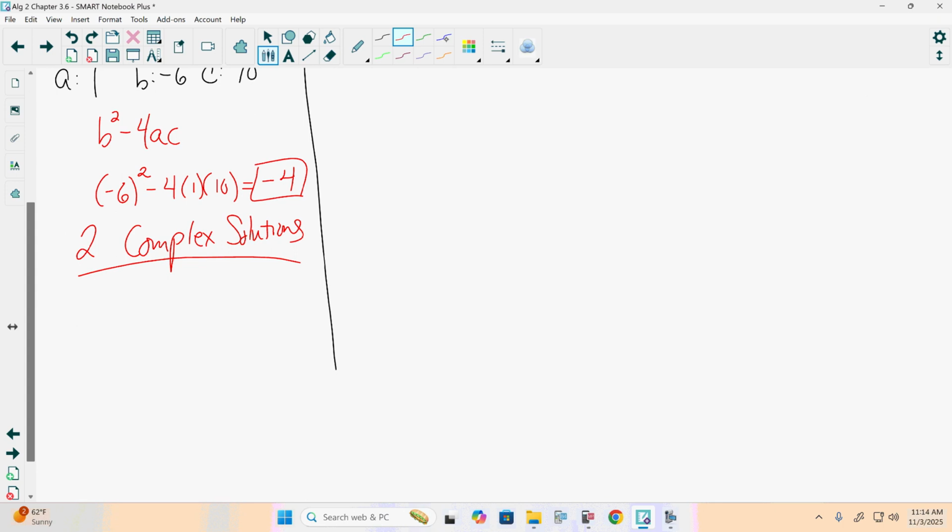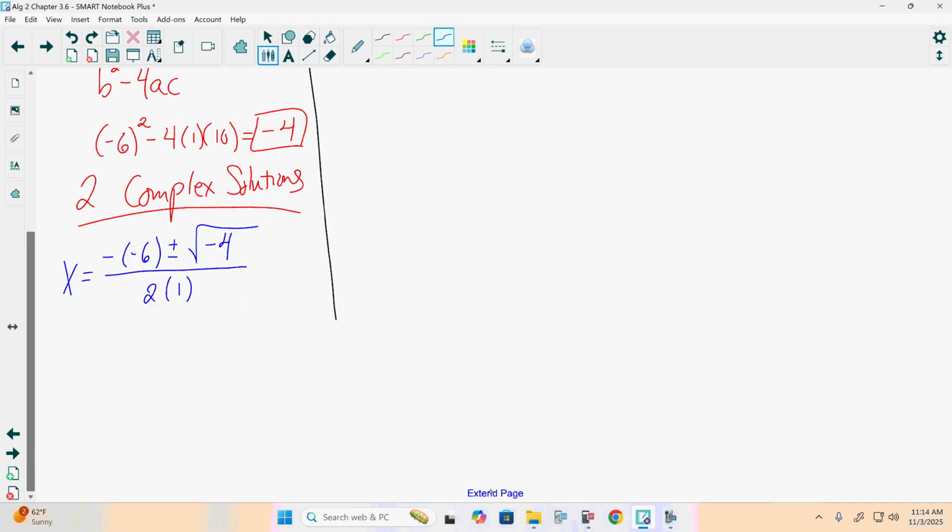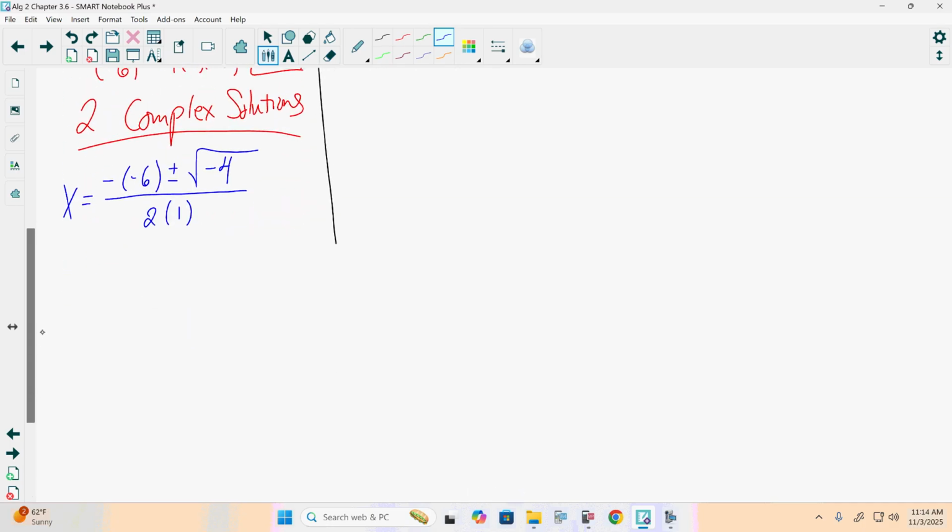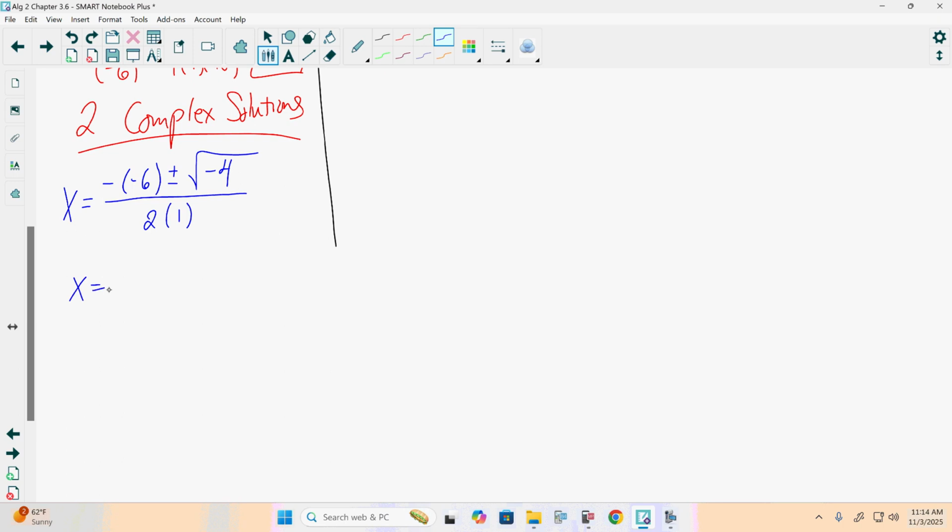Now, if we wanted to solve it and finish finding the values, well, x is equal to what? -b, so -(-6), plus or minus the square root of b squared minus 4ac, which is -4, all over 2a, that'd be 2 times 1. So really finding the value of the discriminant got us most of the way there. Negative negative 6 is 6. 2 times 1 is 2.